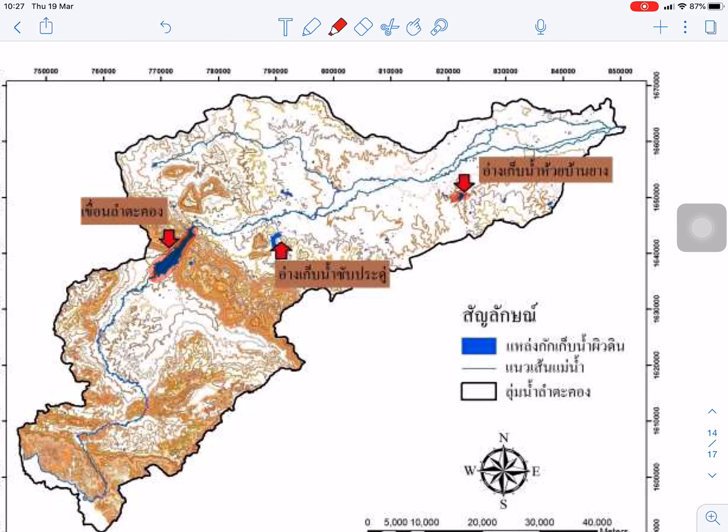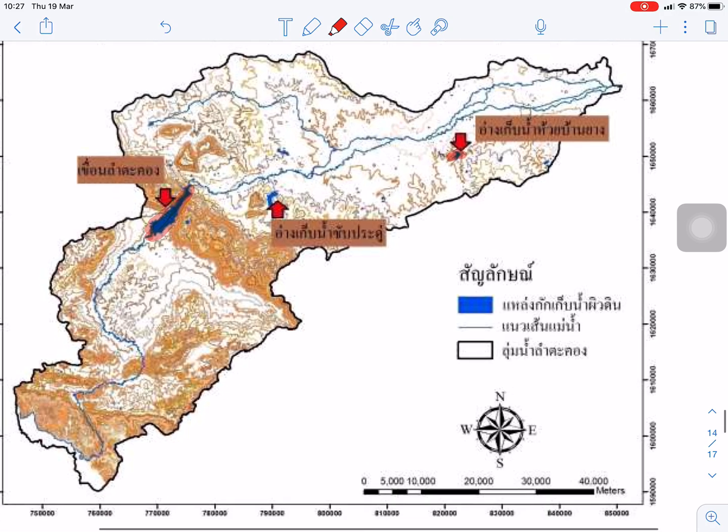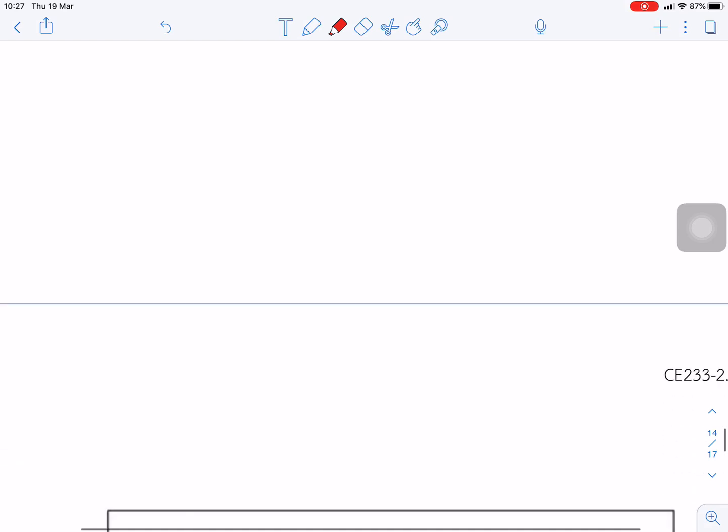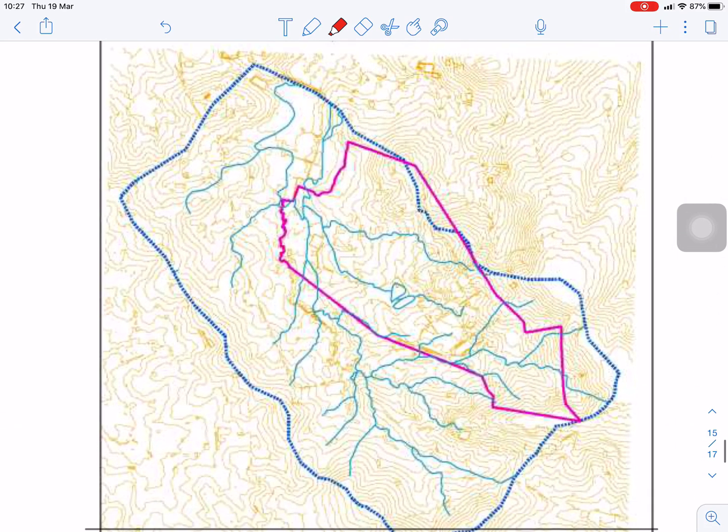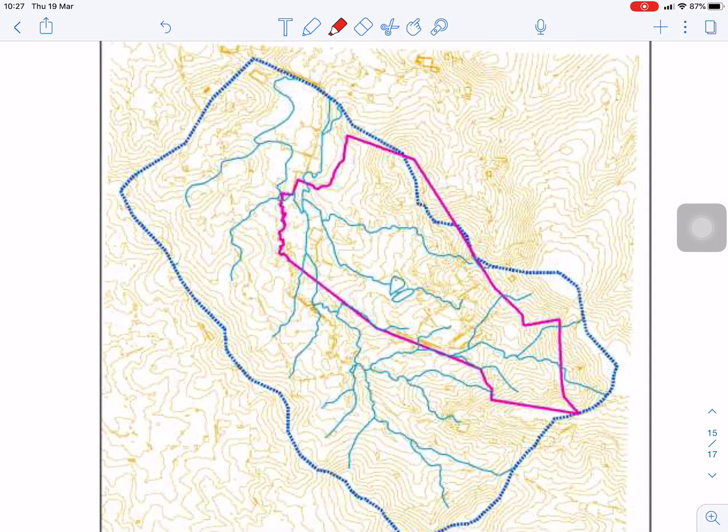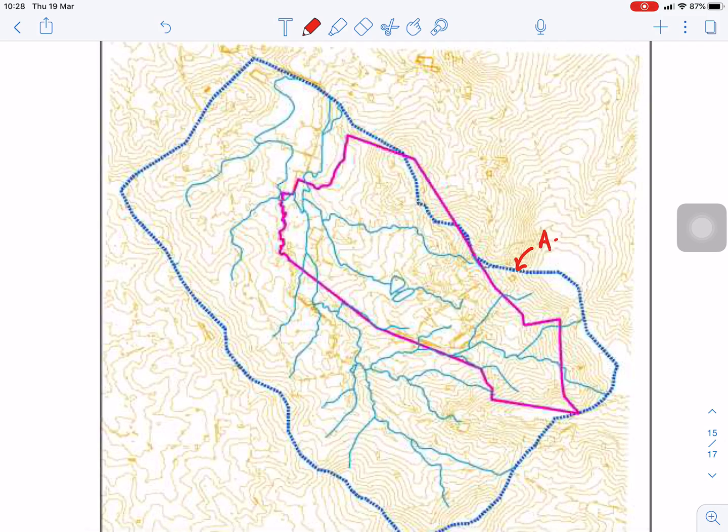If we expand the catchment area of the Huai Ban Yang, it looks like this. The boundary of the Huai Ban Yang has an area of about 36 square kilometers.